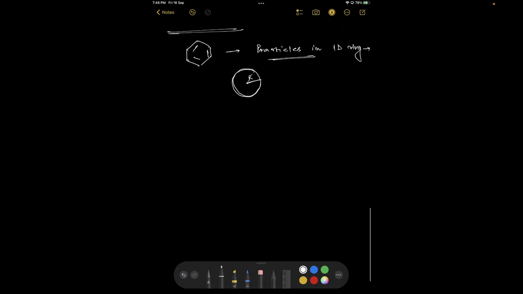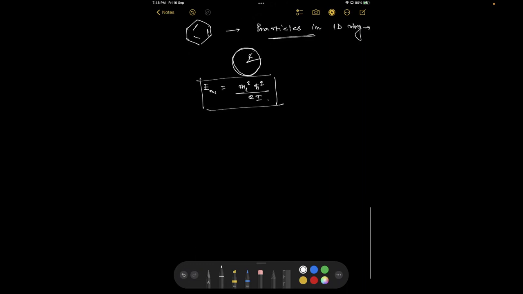Now if you solve the Schrodinger equation corresponding to this, the energy eigenvalue will be, let's say E ml equals ml square h bar square divided by 2I. Just remember this, you will need this to solve other similar questions.